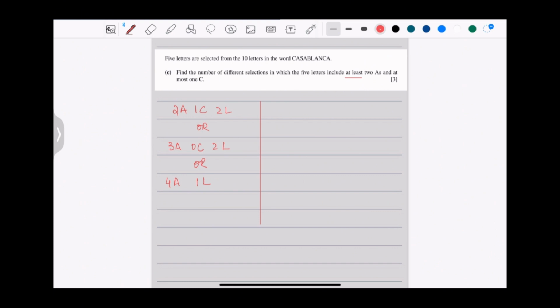It can also be 2A, 0C and 3 other letters, or 3 A's, 1 C and one other letter, or 4 A and 1 C and no other letter.